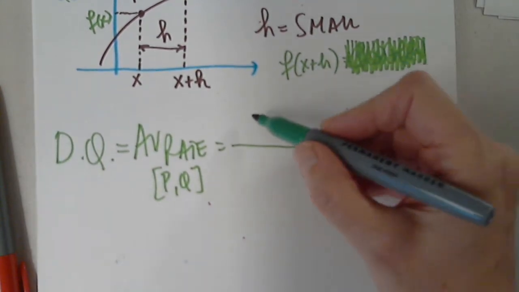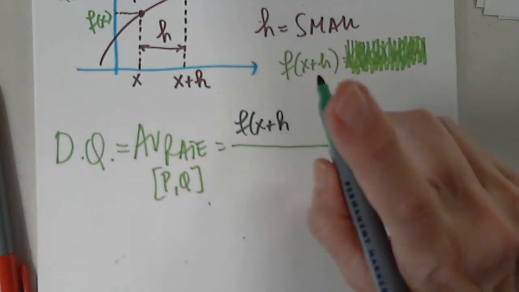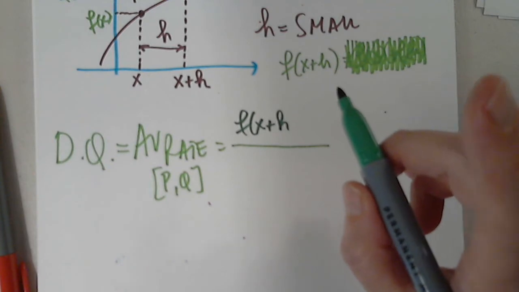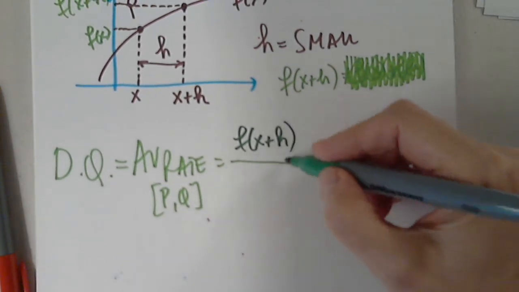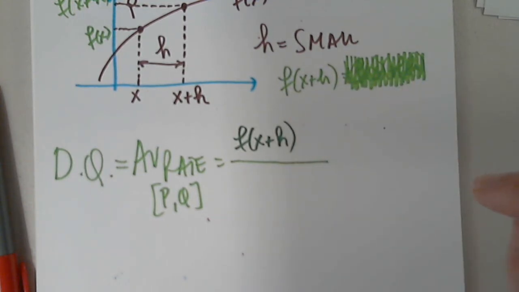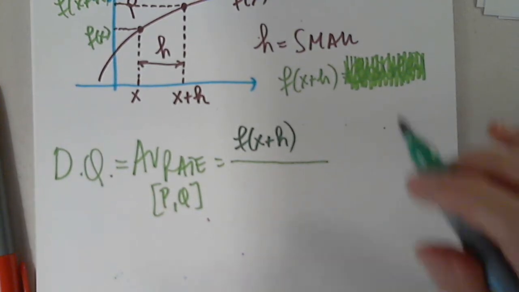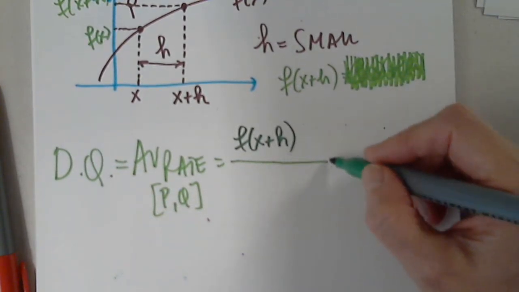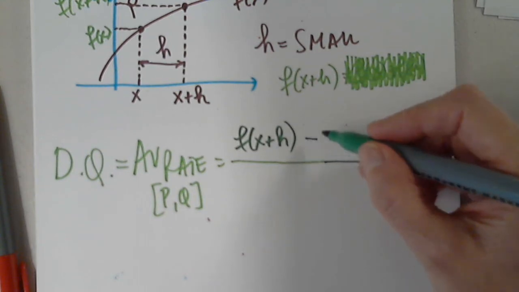Will it be f of x plus f of x plus h? Careful. So it's not plus, but it's f of x plus h. F of x plus h does not mean f of x plus f of h. It's just one value, f of x plus h. And then? Minus. Very good.